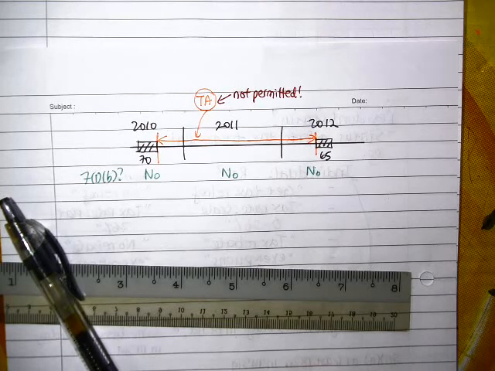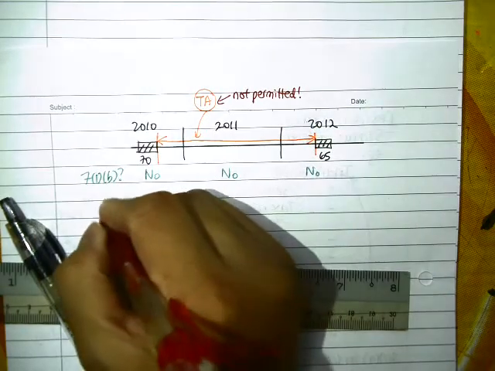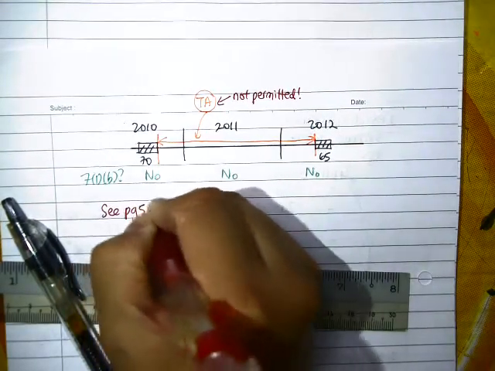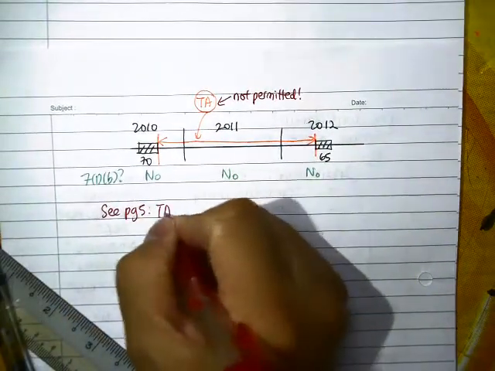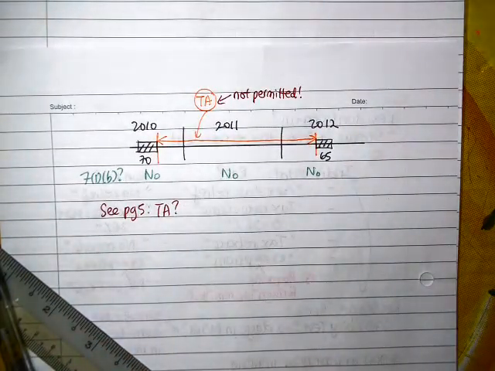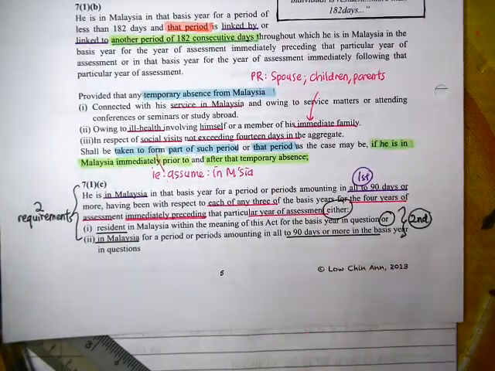Got 3, right? Now, what are the 3 reasons that we take it as temporary absent? Just take a look at page 5. Okay, so what falls as temporary absent?